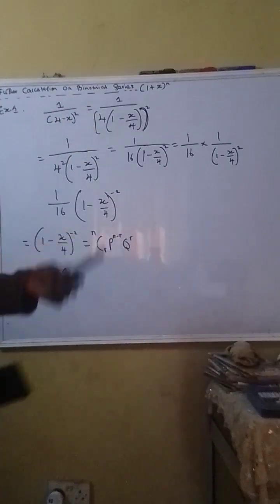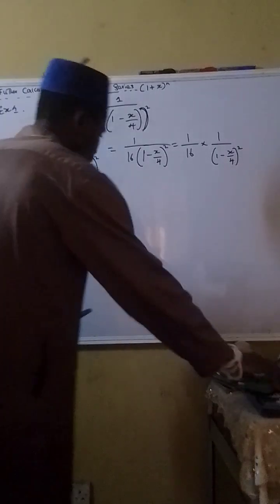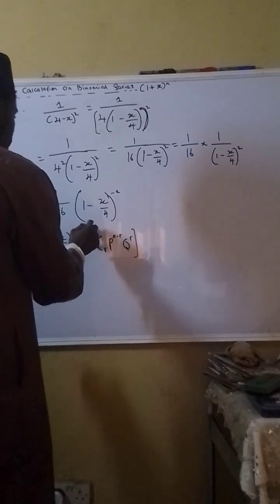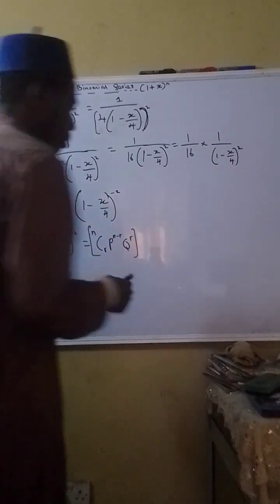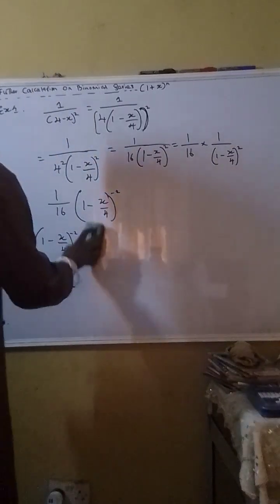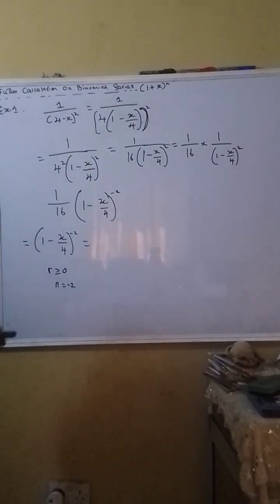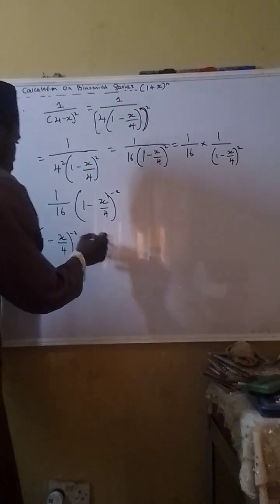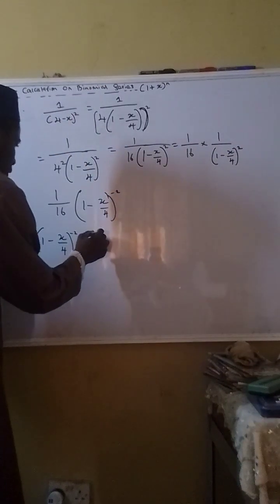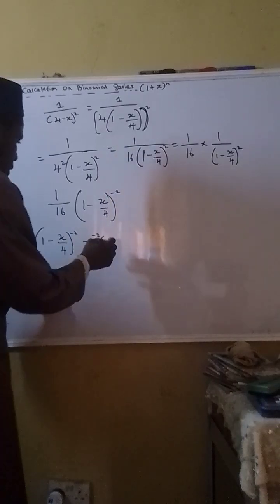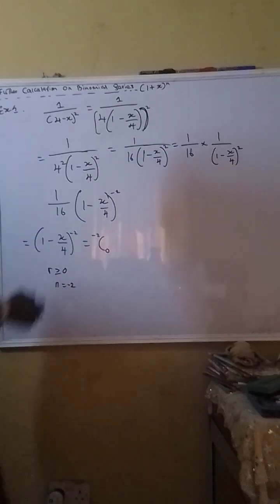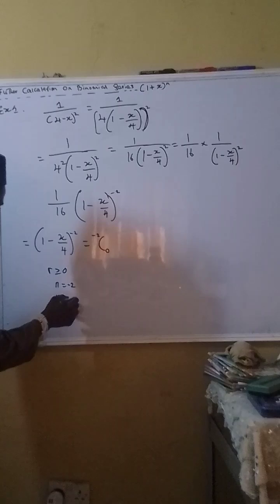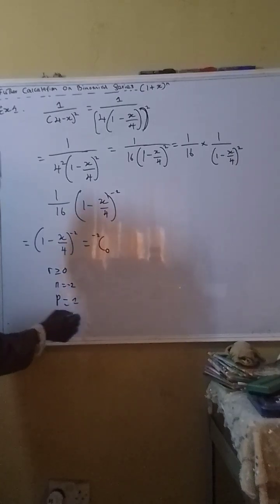We ought to do it directly, but I want to break it down step by step first so that we can understand. Now let me put this on one side here. This is not the solution, but let me put it on one side here. So now let's expand. From here, you should know that the first thing you are going to have is negative 2 combination 0. And don't forget, let's list out: let's say p is equals to 1 and our q is equals to what?